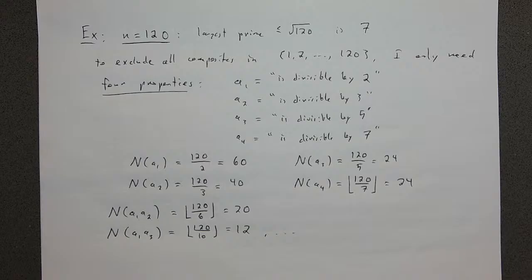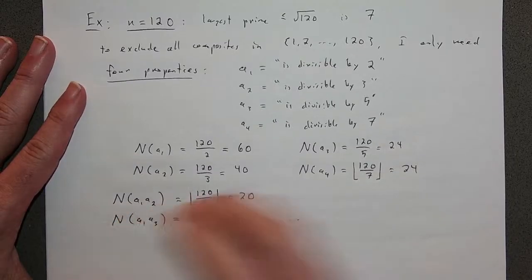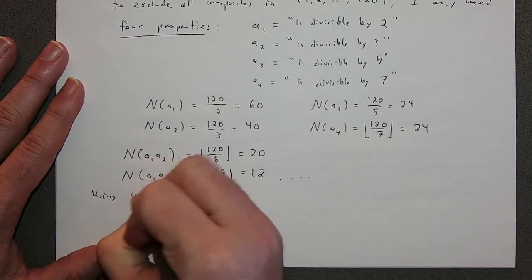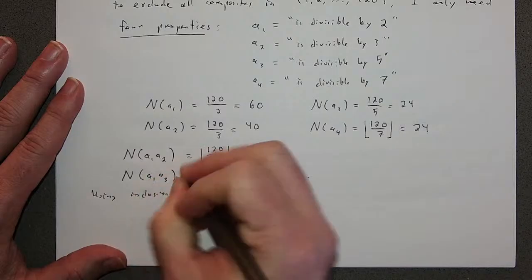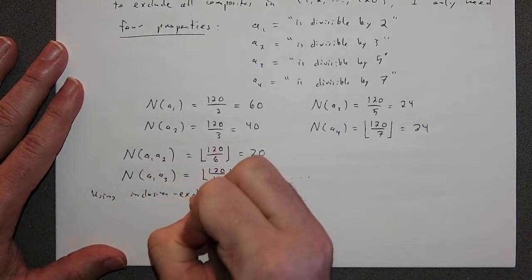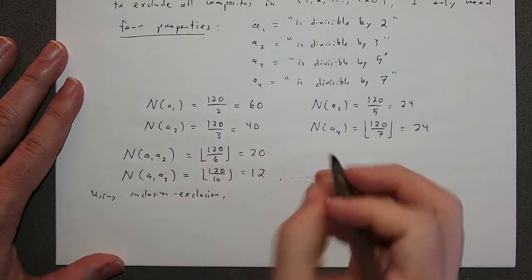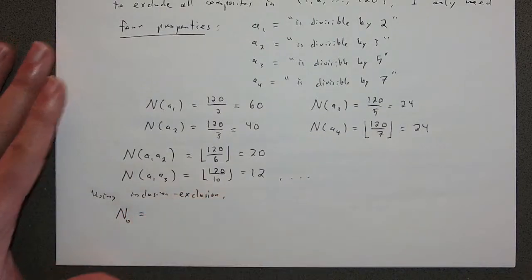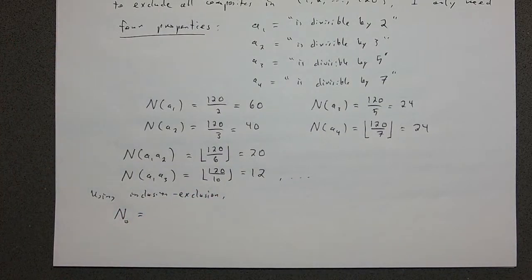If we want to see how this computation works out, we could say, well, using inclusion-exclusion, the number of objects satisfying none of the properties, this should be all of the primes, right?